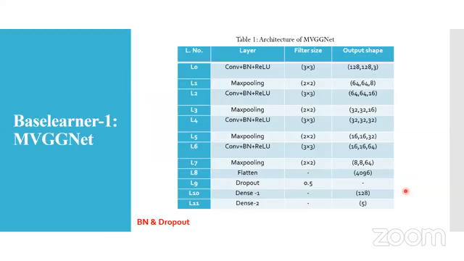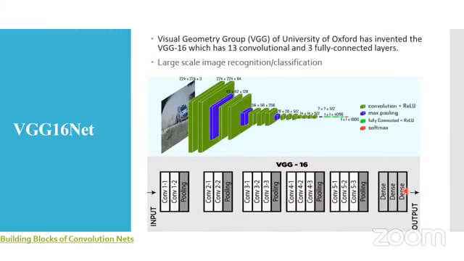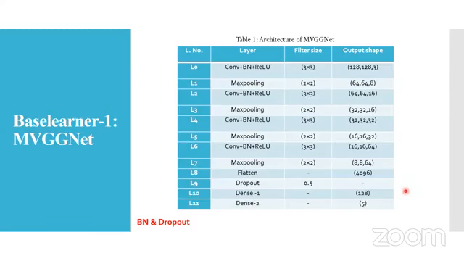That is the conventional VGG16 network. We have modified it for our own network. The modifications we have made are changing the filter sizes, some optimizers and other small things inside the network, and that is why we call it MVGG net, the modified VGG net.